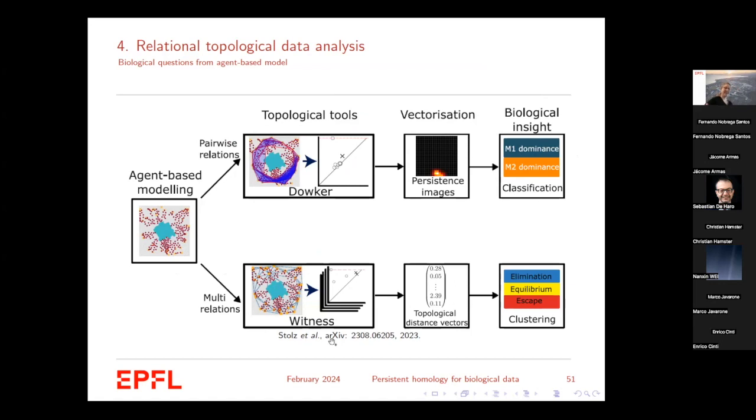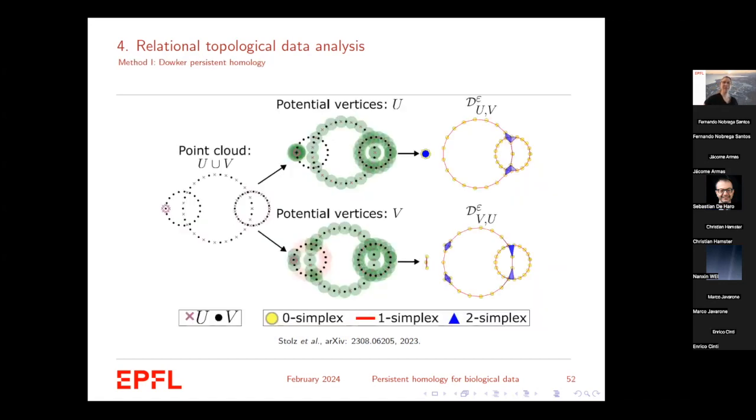In the second case, we created something based on the witness complex, where you take into account multiple relations at once, and you create distance vectors to look at the distances of the spatial distributions of these cells, and then use this for clustering and see if we can recover the three qualitative behaviors.